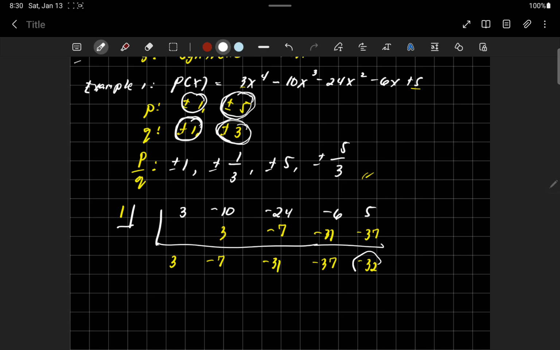Since our remainder here is not 0, therefore, our 1 here is not a root of our polynomial equation or our p of x. So, ibig sabihin, papalitan natin yung 1 natin. So, let's test for negative 1.